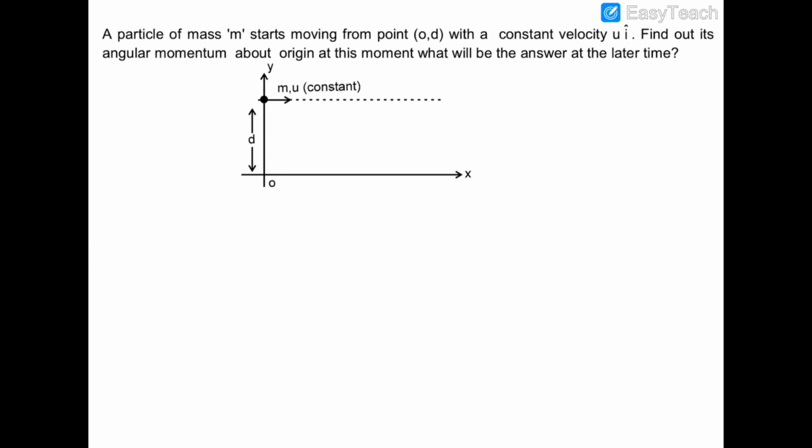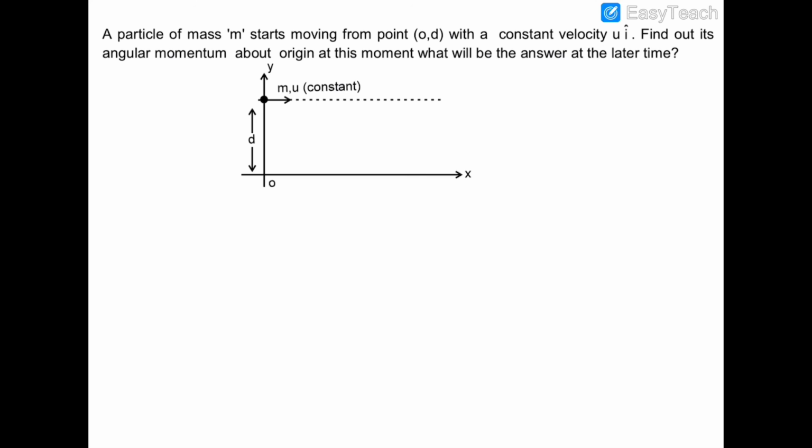In this question, it is given that there is a particle which is moving with constant velocity along the x-axis, and it is initially located at a point having the coordinates 0, d, this point. So we have to find out the angular momentum of this particle about the origin at this instant of time as well as at some later instant of time.